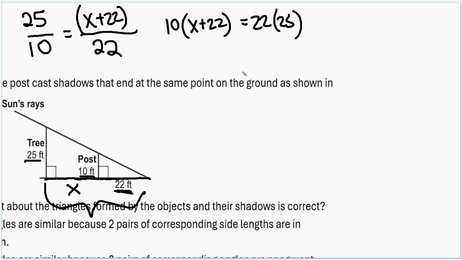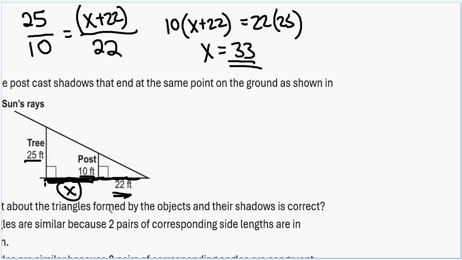When it's all said and done, you should get x is 33. Now be careful, they did ask for the entire length of the shadow. So again, back down in the picture, if I scribbled over it here in the dark ink, we found x. x here is 33 feet, but then there's 22 more feet of shadow. So the 33 plus the 22 would equal a 55-foot shadow.